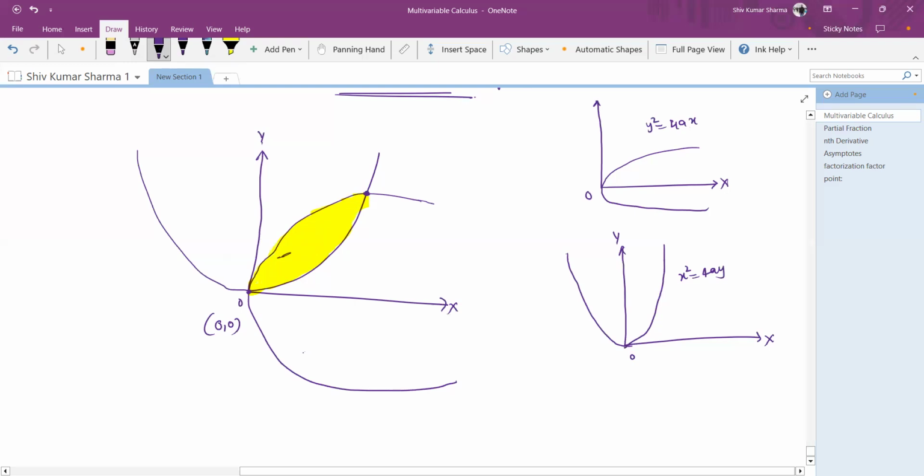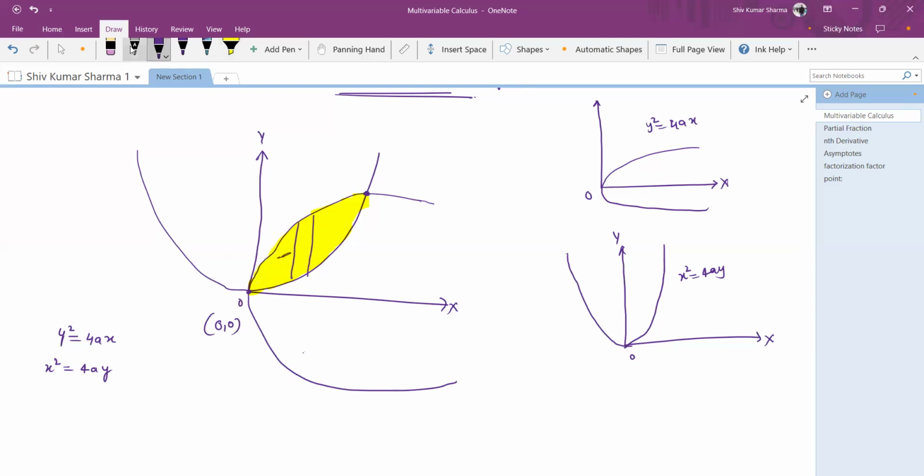Now the first parabola is given as y square equal to 4x, and the second parabola is given as x square equal to 4ay. When you take an elementary strip parallel to the y-axis, this will not be convenient.